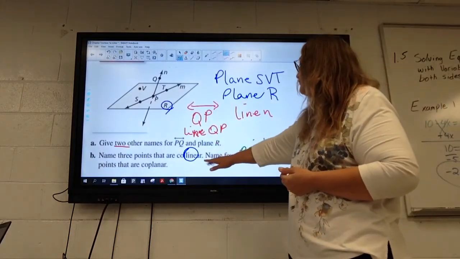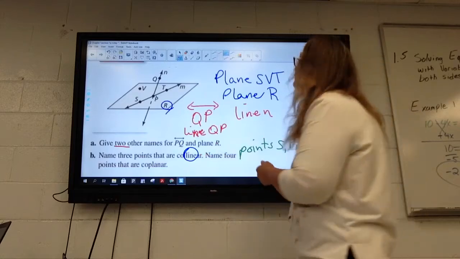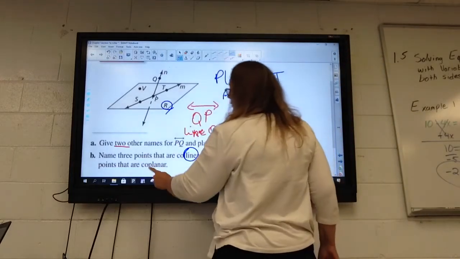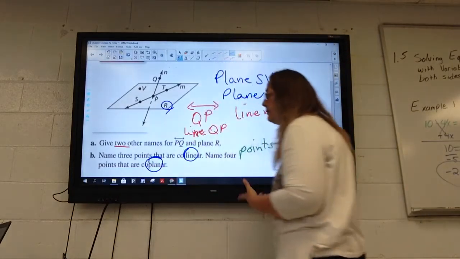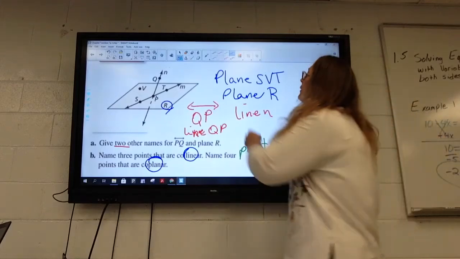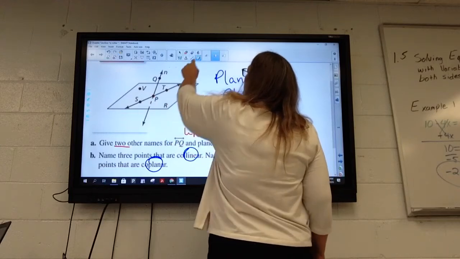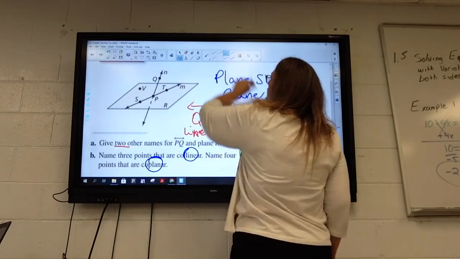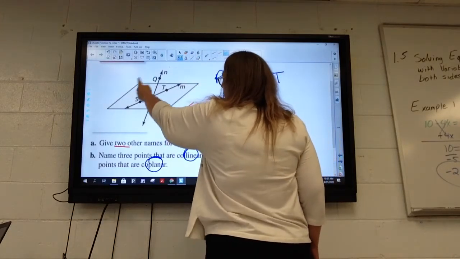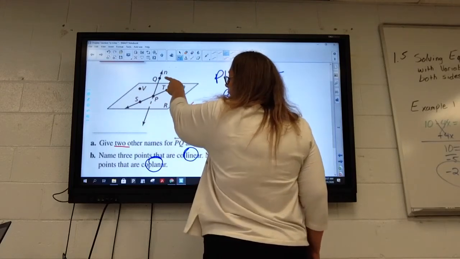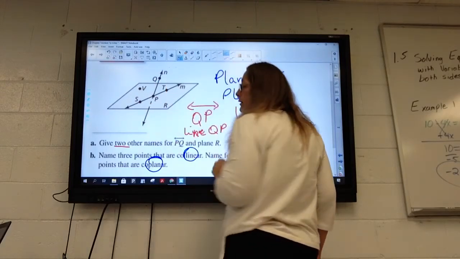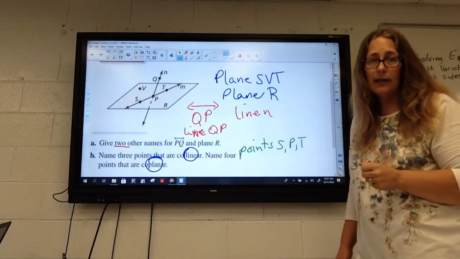We want 4 points that are coplanar. Remember, the word planar means they're on the same plane, so they're in that square. So, let's look at this real quick. I need 4 points that are coplanar. Again, Q is not on that plane, so we cannot use that.